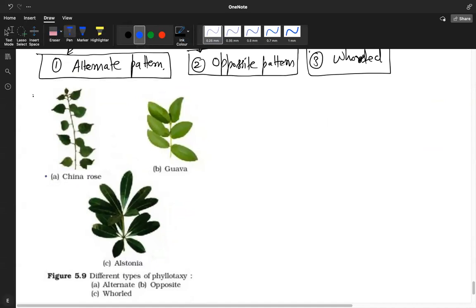This is an example in China rose. And if you see the pattern in China rose, that is alternate. Can you see that pattern? Alternate simply means that along an axis, one leaf is here, then the other will be here. Then one leaf here, the other will be here. Then one here, the other will be here. Do you understand?